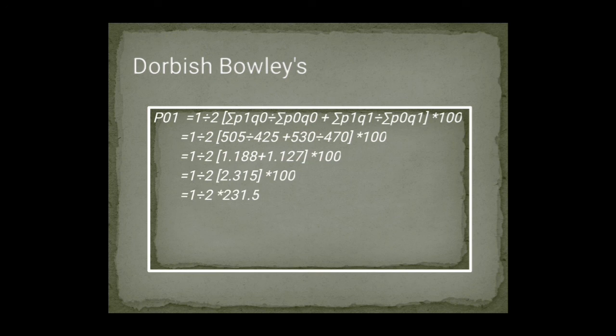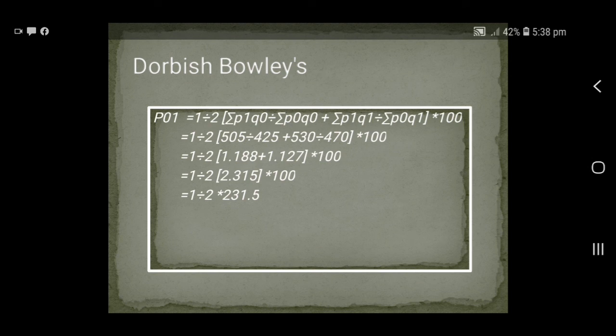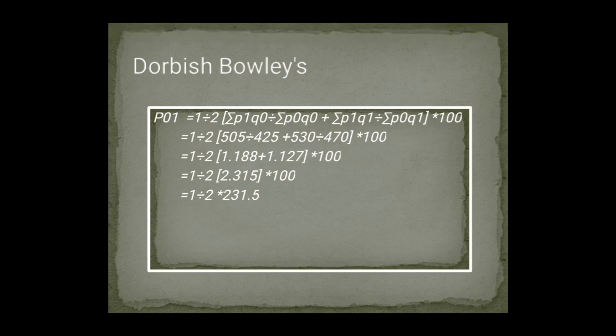What is division of 505 divided by 425? 1.188 plus 530 divided by 470 is 1.127 into 100. 2.315 into 100, so we get 231.5. We have to now multiply it by 1 divided by 2, so we get 0.5 into 231.5, so we get answer as 115.75.